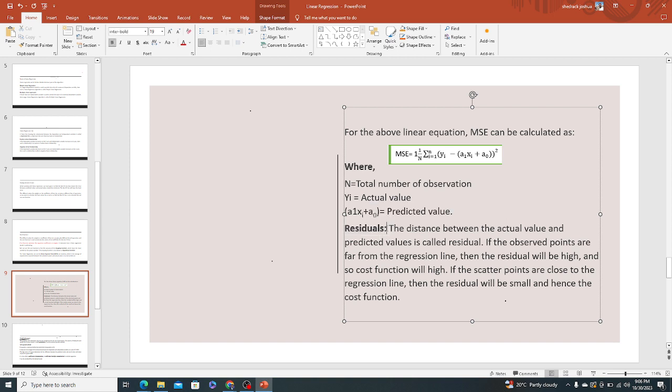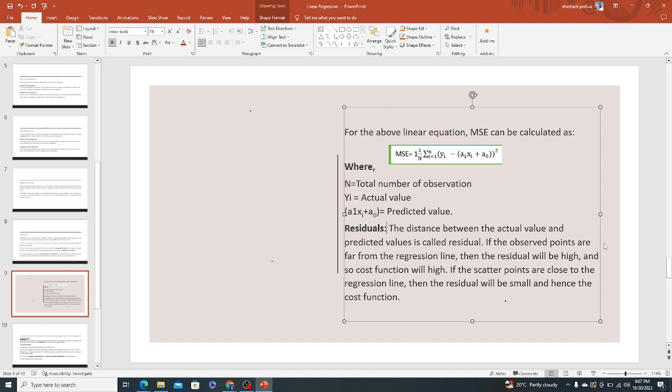Residuals are also known as y deviations, or the error term. That is the distance between the actual value and the predicted value, called the residual.